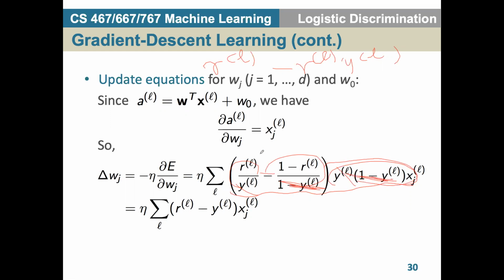This is minus 1 minus R times, so this is a minus YL. And because this negative is this negative, this is plus RL YL. The RL YL and RL YL cancel, so this is really RL minus YL. This looks super complicated, but actually it's very simple. And then this X is copied here.